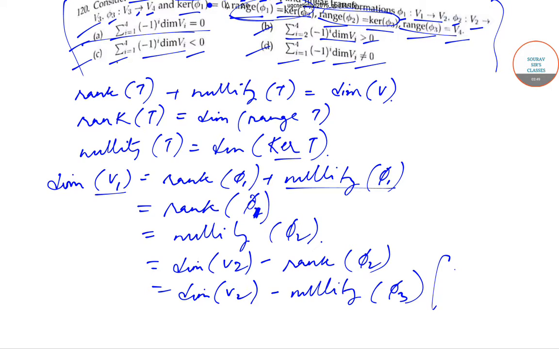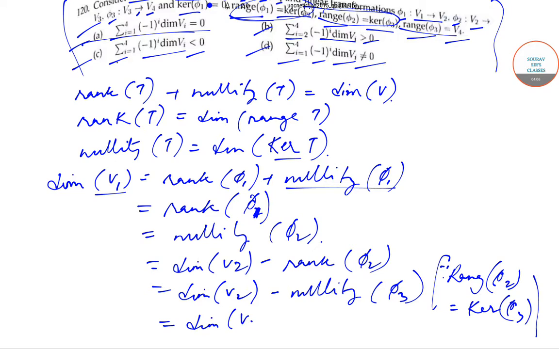We'll use the relationship that range of phi2 is equal to kernel of phi3. So this is the relationship that we are using. So now it comes down to dimension of v2 minus dimension of v3 minus rank of phi3.